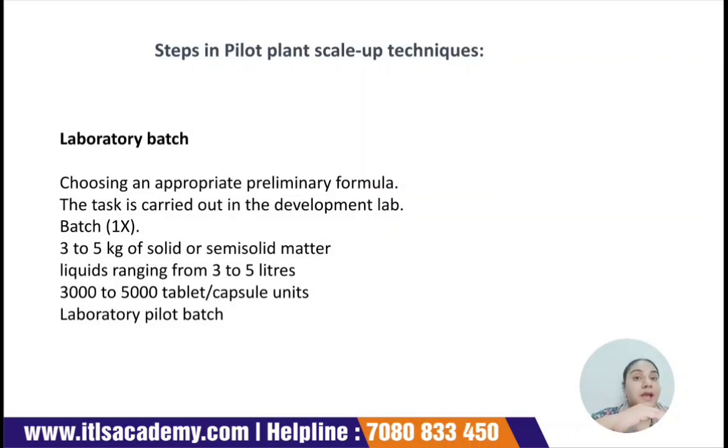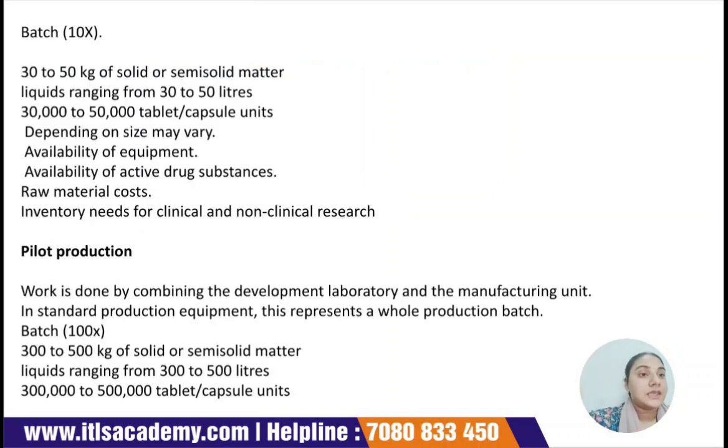Then you do the batch: 3 to 5 kgs of solid and semi-solid material could be used. For the first batch, liquid ranges from 3 to 5 liters, then 3000 to 5000 tablet or capsule units could be made, and laboratory pilot plant batches are created.